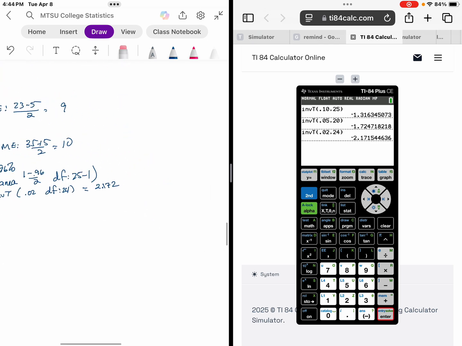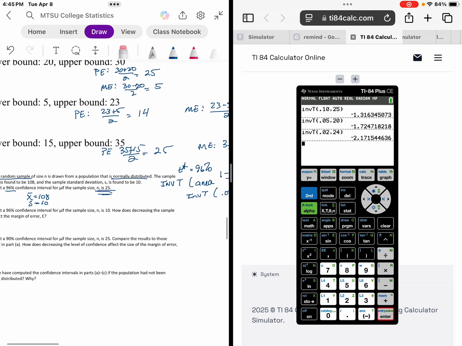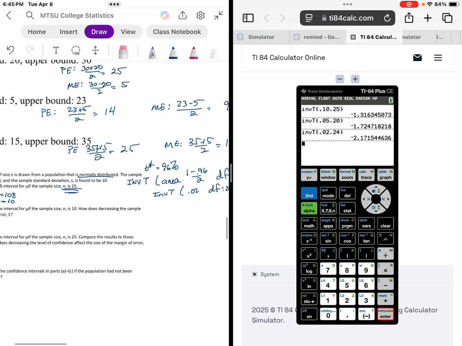Again, my formula by hand would be my point estimate plus or minus my t-star times the standard deviation divided by the square root of the sample size. So x bar is my point estimate. They told us our mean was 108.